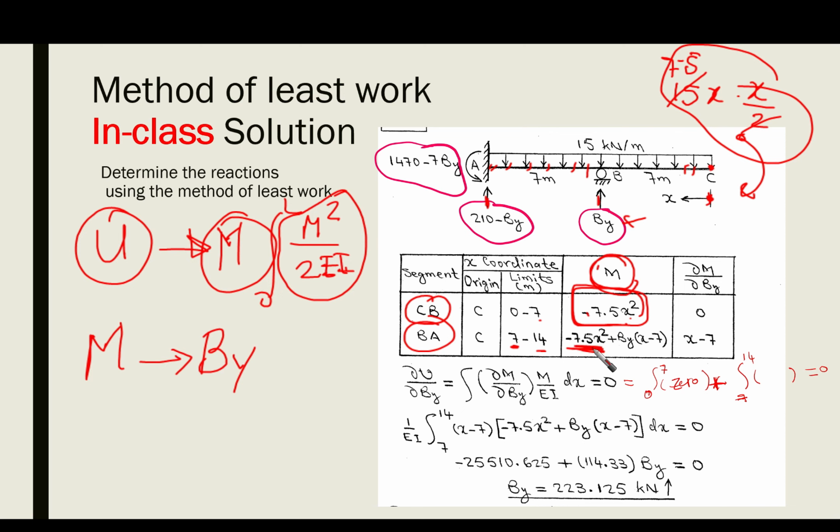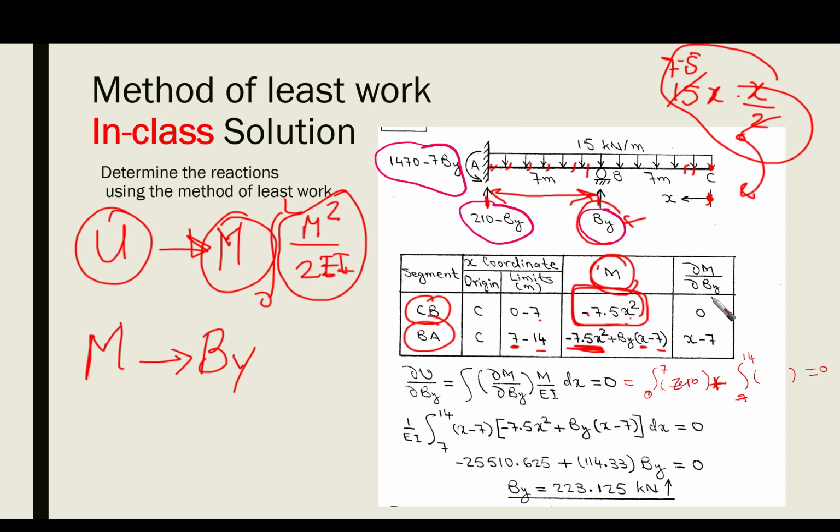Minus 7.5 x squared plus the moment coming from By, which is By times this distance, x minus 7, spanning from point B to point A.